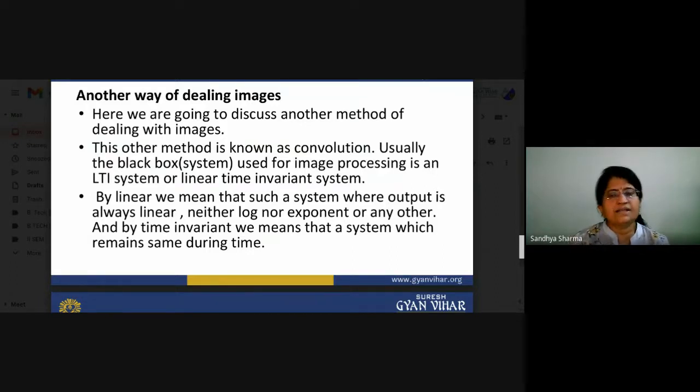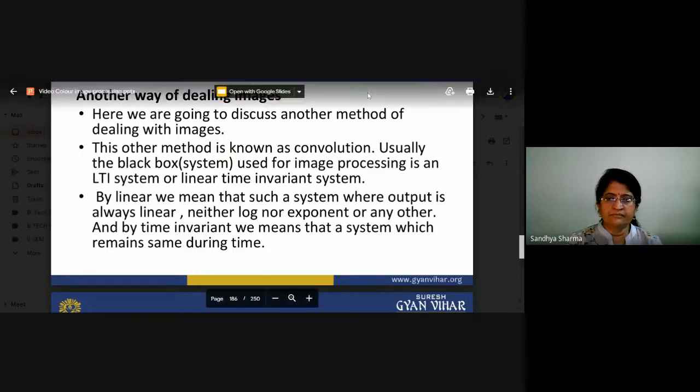Now there is another method in which we can enhance images. This other method is known as convolution. Usually, the black box used for image processing is an LTI system, or linear time invariant system. By linear, we mean a system where output is always linear, neither log nor exponent or any other.